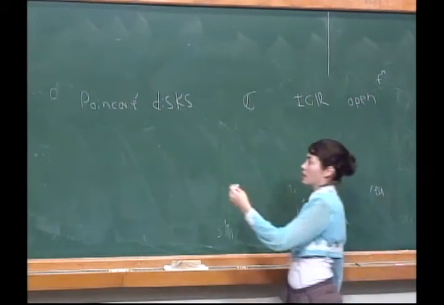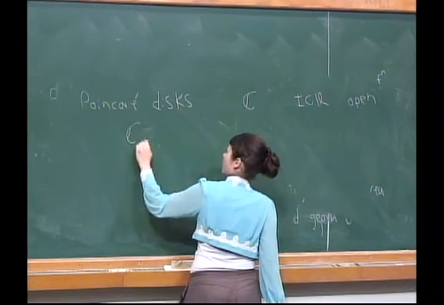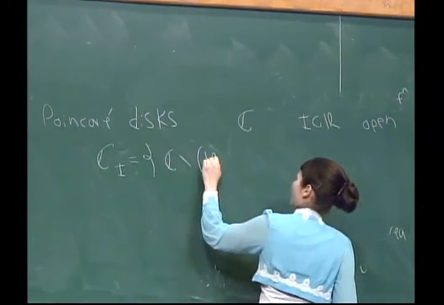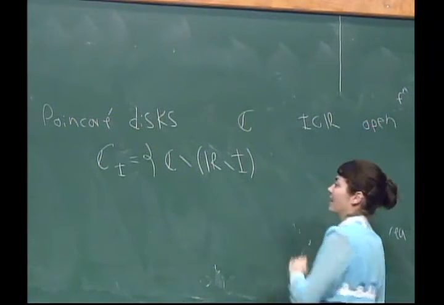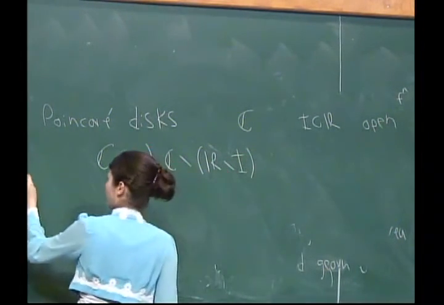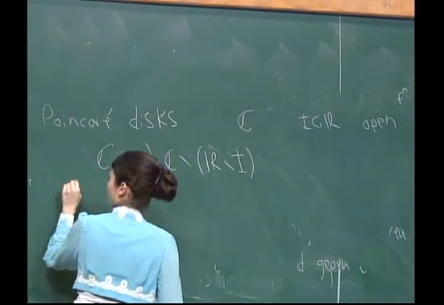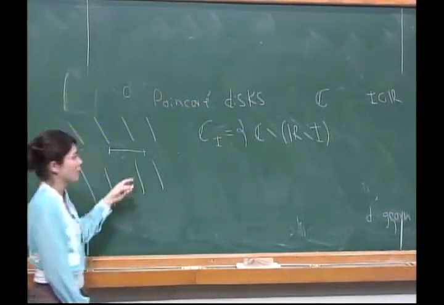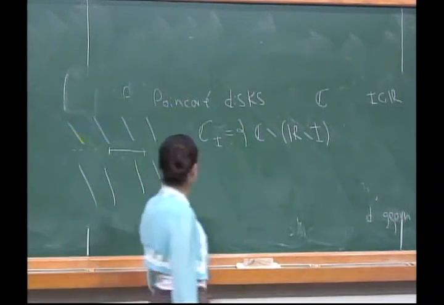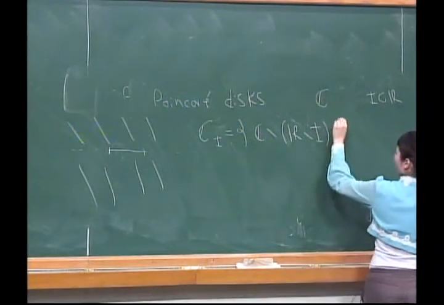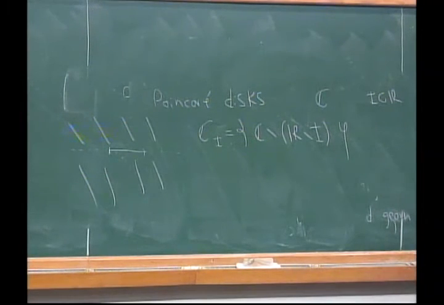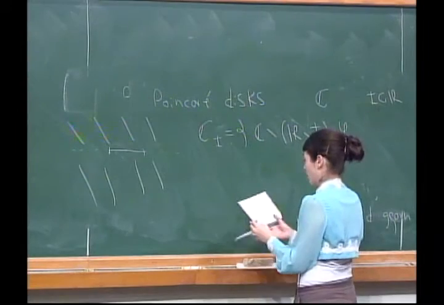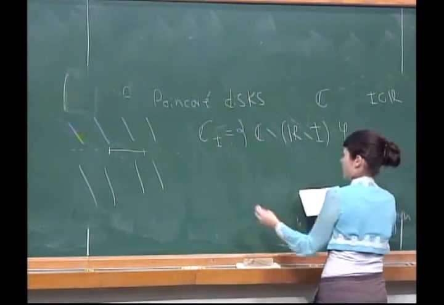And then you consider this set, C of I, which is equal to the complex plane minus the real line minus this interval. So it's the complex plane minus the real line, and the only part of the real line that you see is the interval that you already had. So this is a hyperbolic Riemann surface, and it has a metric. And with this metric, you consider balls that will be called Poincaré disks.